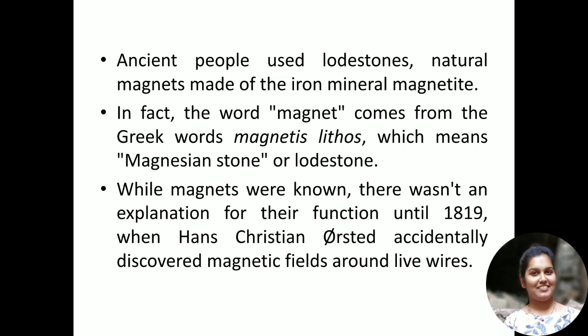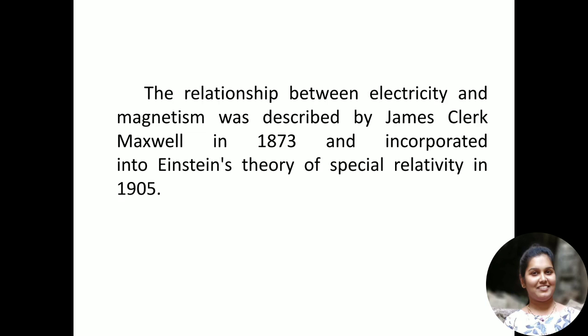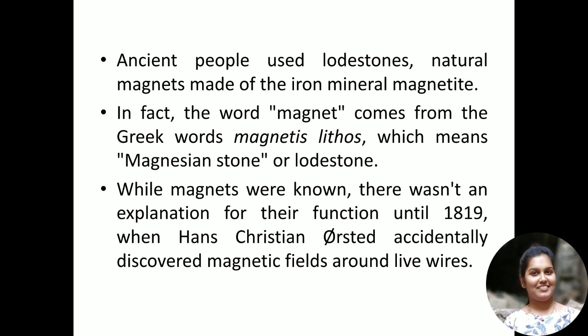While magnets were known, there wasn't an explanation for their functionality until the 1800s, when Hans Christian Oersted accidentally discovered magnetic lines around live wires. Until then, there was no explanation regarding magnets.